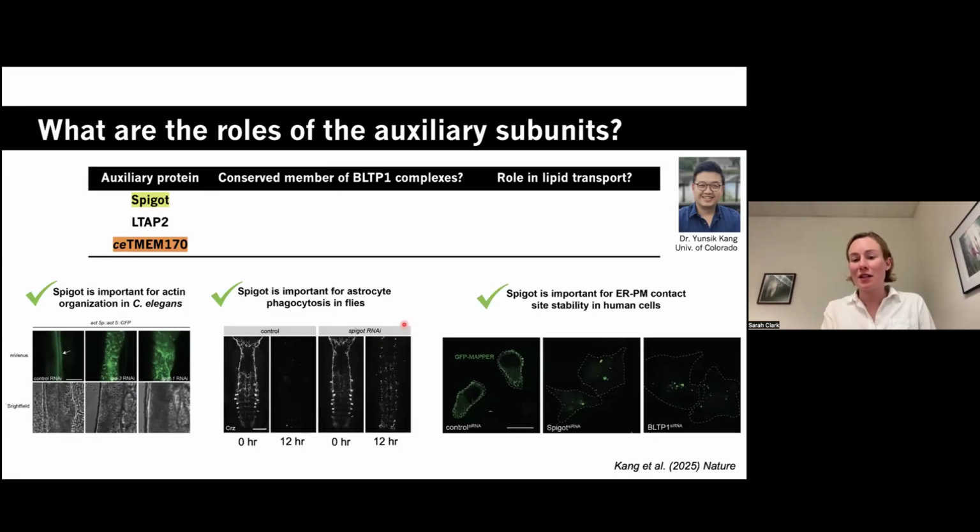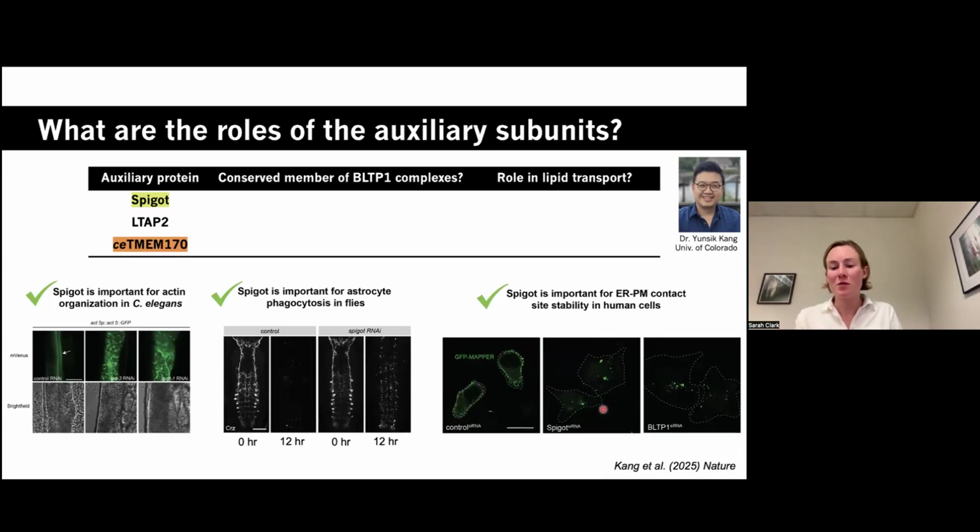And then lastly, we showed in HeLa cells that if you knock down spigot, you get a collapse of these endoplasmic reticulum plasma membrane contact sites. So in a normal cell, if you look at the membrane contact sites, they look like this, sort of around the edge, highly organized.